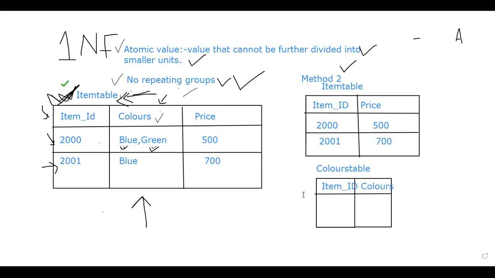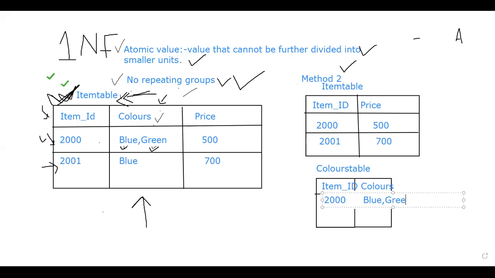Right. Okay. Now we can do a thing here. When you consider this table, you have the item ID 2000, right? So let me write down the item ID in the colors table as 2000, and the color is blue. And here again, you can't put a comma and write down green.